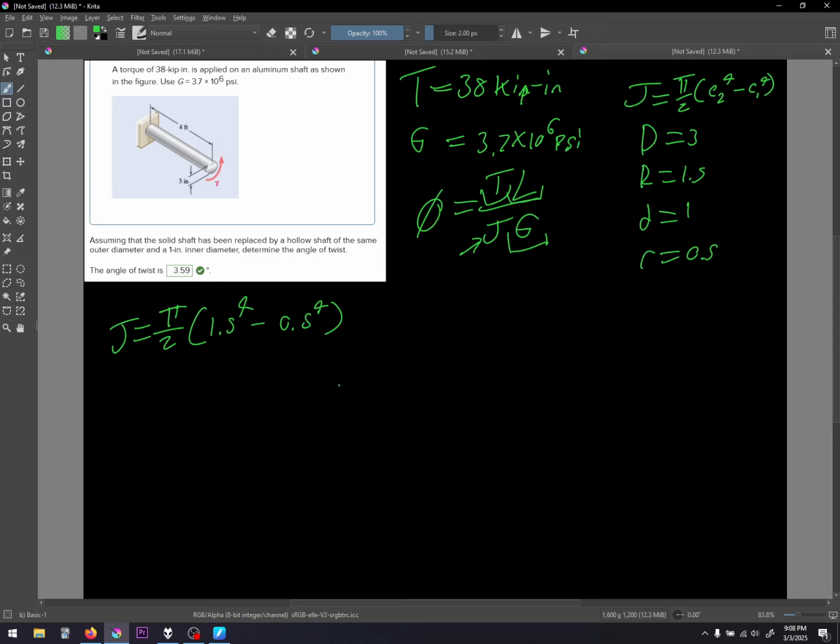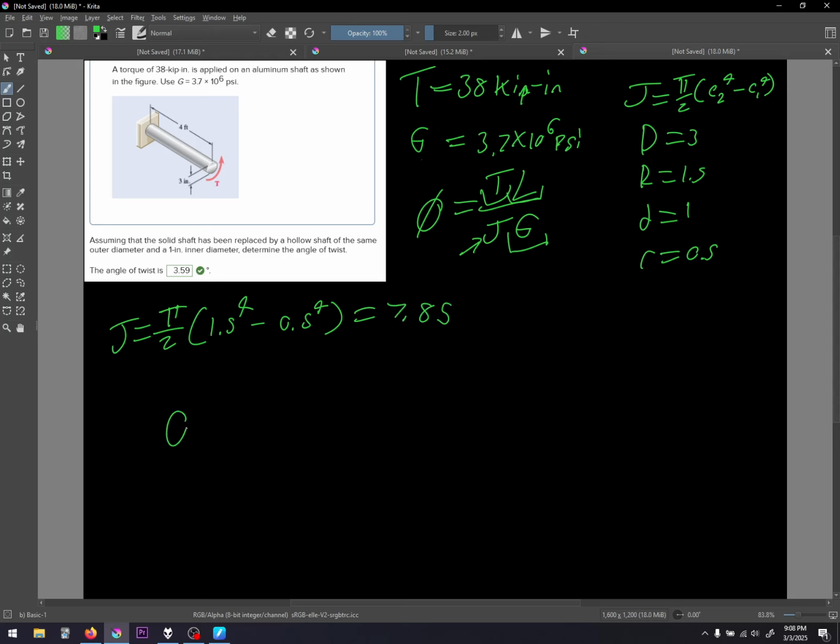So with this, our J is going to be pi over 2 times 1.5 to the 4th minus, sorry, 0.5 to the 4th. I'm getting J is equal to 7.85.